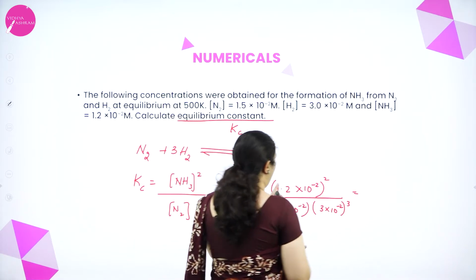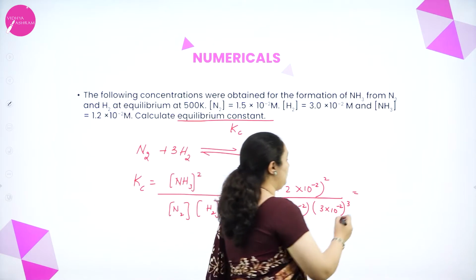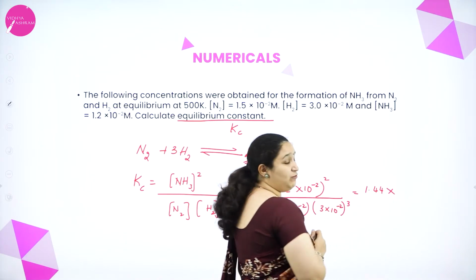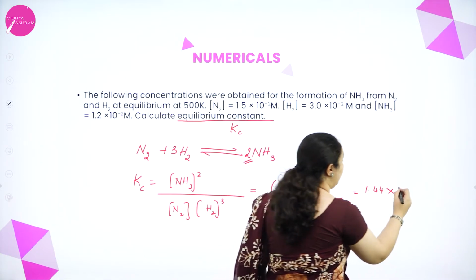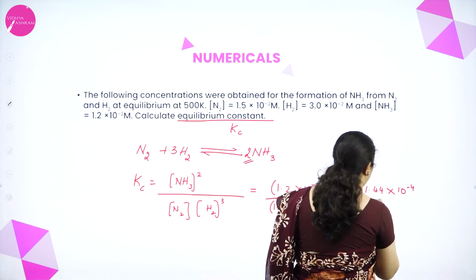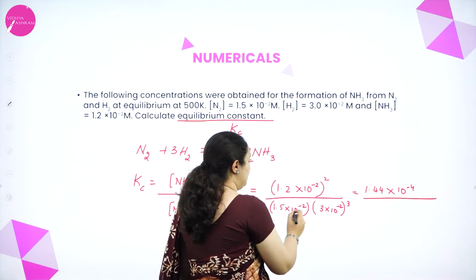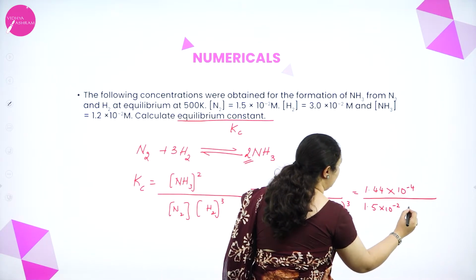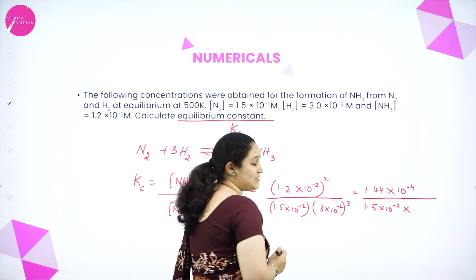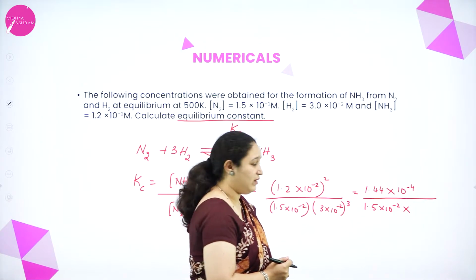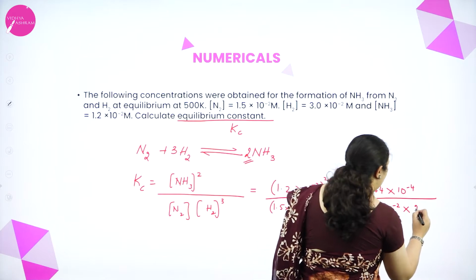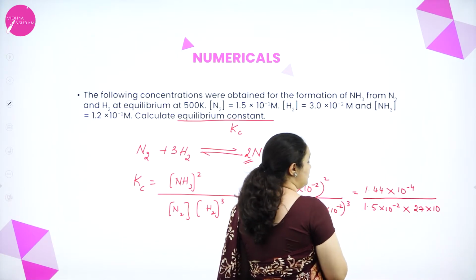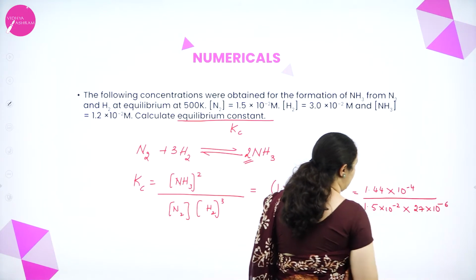Now 1.2 into 1.2 is 1.44, into 2 2s are 4, so it becomes 10 to the power minus 4, divided by, this remains as it is, 1.5 into 10 to the power minus 2, into 3 3s are 9, 9 3s are 27. So we have 27 into 10 to the power, 3 2s are 6, so it is minus 6.